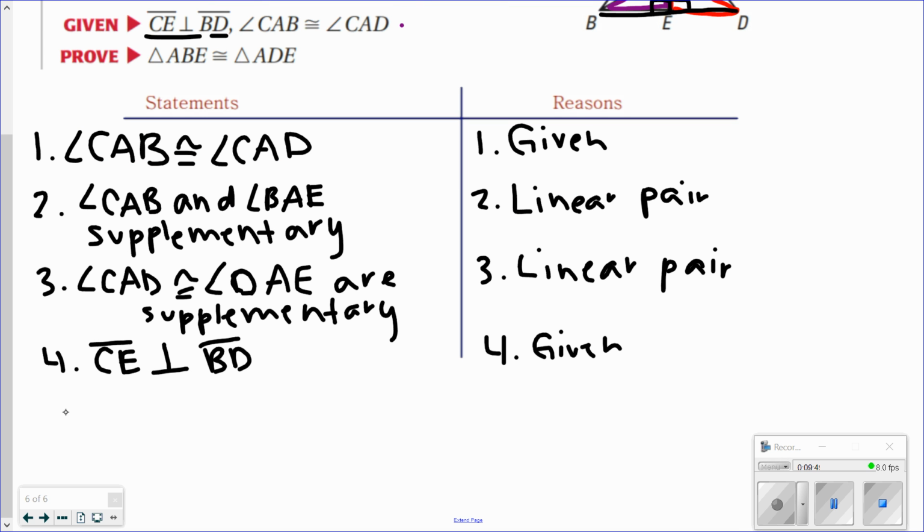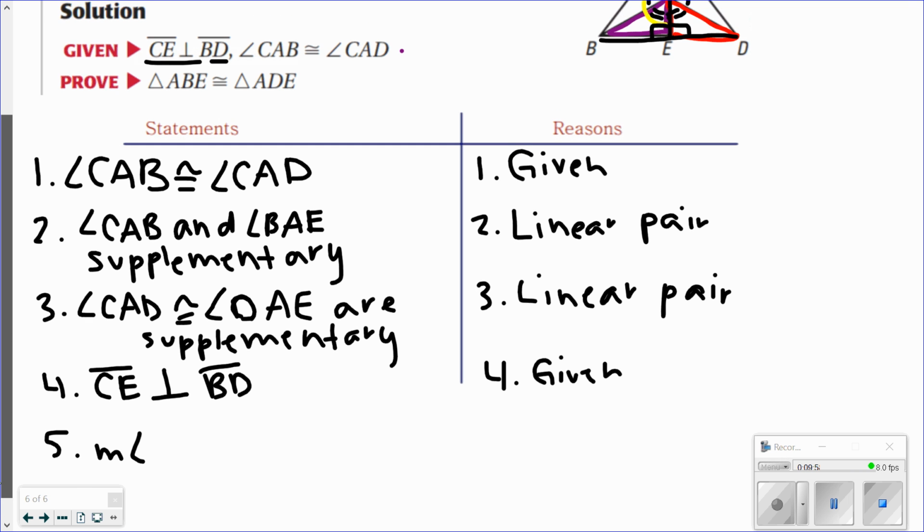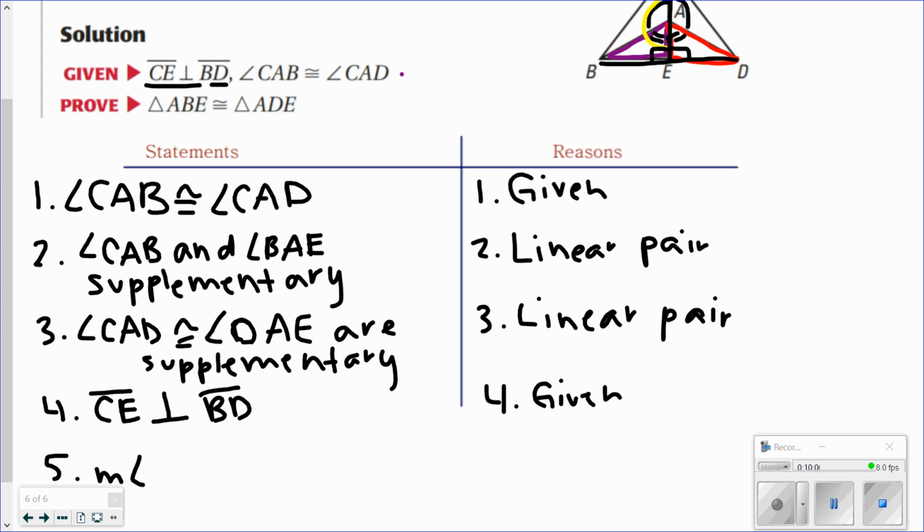For number 5, I'm going to write out that the measure of angle AEB, which is the purple triangle, is equal to the measure of angle AED, which is the red triangle, which we know is equal to 90 degrees.